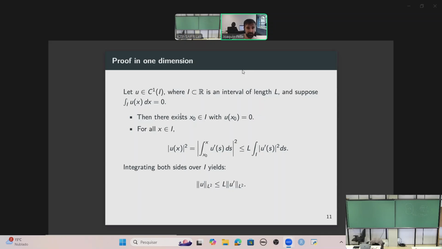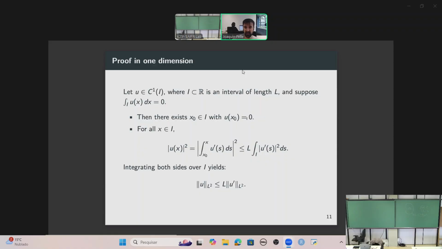So then, since it has 0 average and it is continuous, we know that it must be 0 somewhere. It cannot be positive everywhere or negative everywhere. So essentially, we can call this place x0, this place where the function is 0.